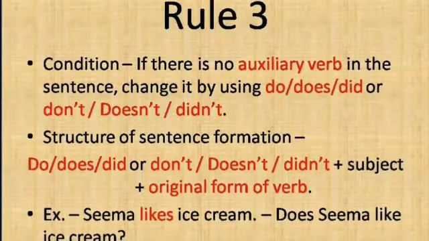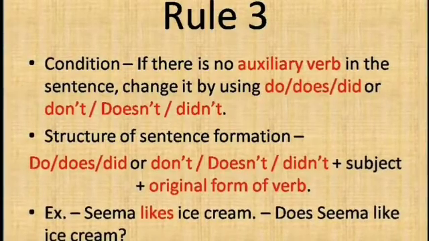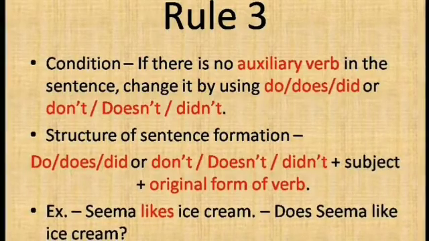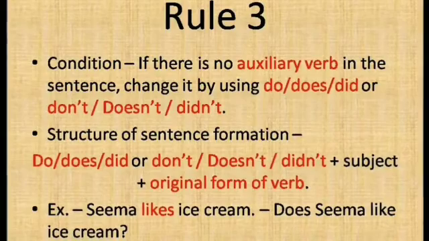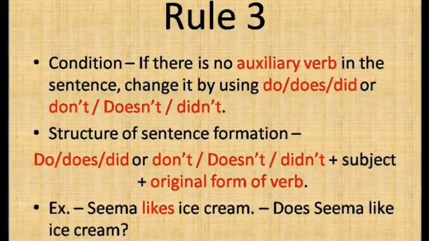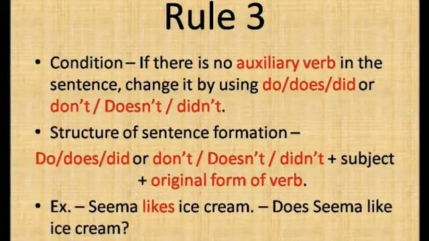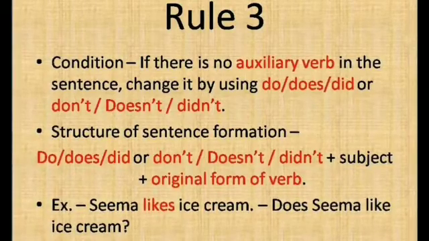Rule number 3. If there is no auxiliary verb in the sentence, change it by using do, does, did or don't, doesn't, didn't. The structure of sentence formation is do, does, did or don't, doesn't, didn't plus subject plus original form of verb.